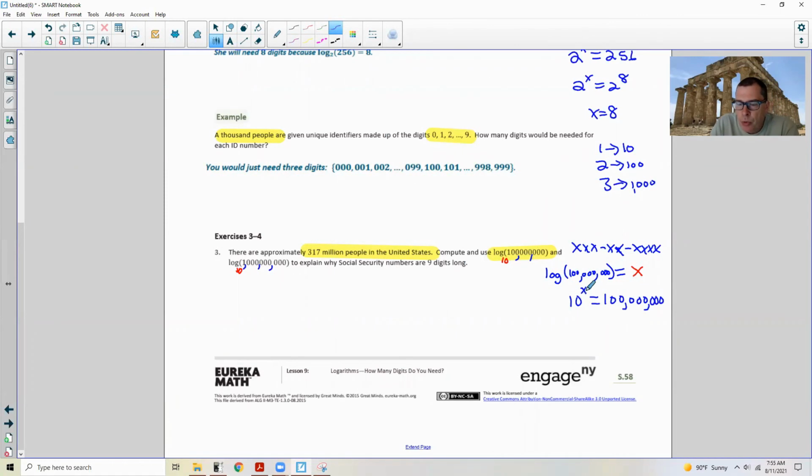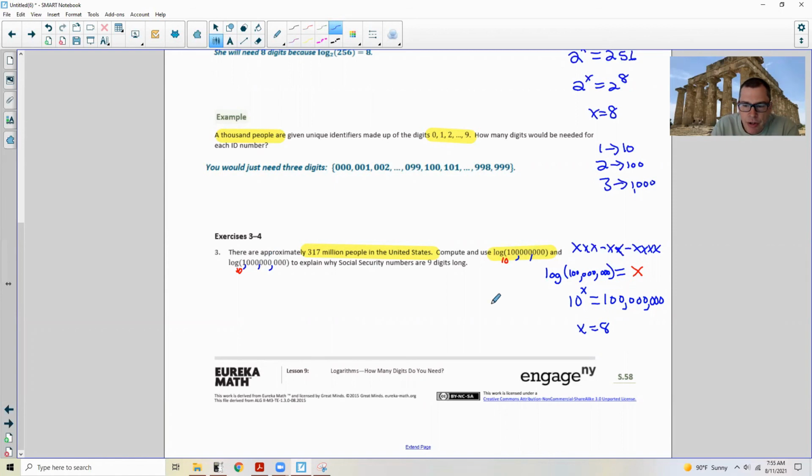And 10 to the 1 is 10. That'd give you 1 zero. 10 squared is 100. That'd be 2 zeros. 10 to the 3rd, 10 to the 4th, 5th, 6th, 7, 8. So x would have to equal 8 to give us this. So log base 10 of 100 million equals 8.